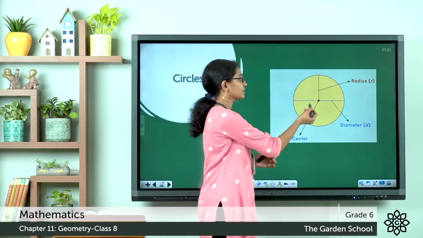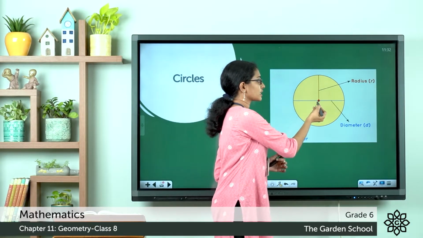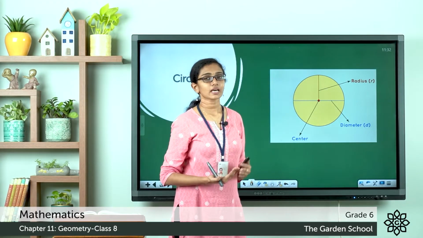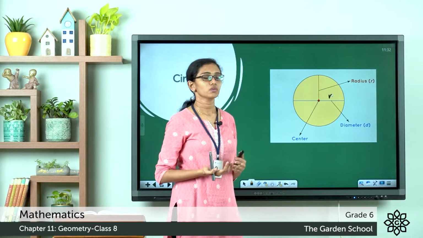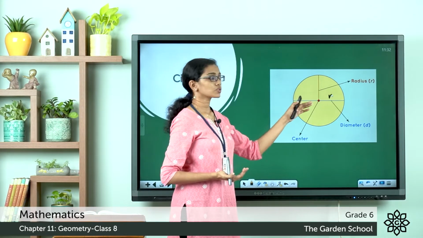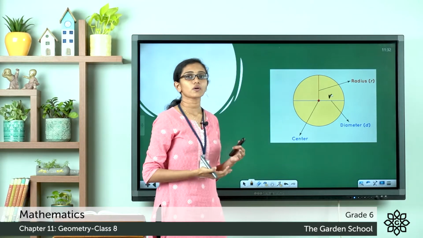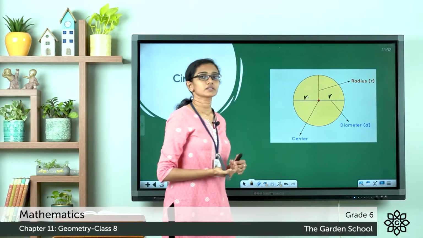So here you can see a radius of the circle. That is the distance from the center to a point on the boundary of the circle. So let's represent this radius by the letter R. Now, this distance is also the radius, the distance from the center to this point on the boundary. So that will also be R. Why?